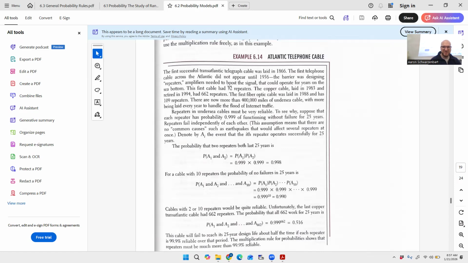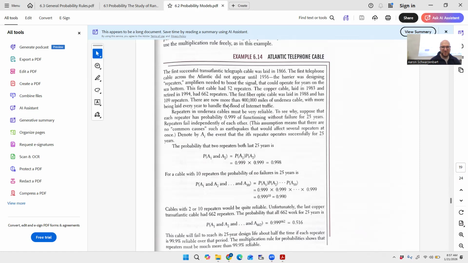Amplifiers are needed to boost the signal, could operate for years at the bottom of the sea. The first cable had 52 repeaters. The copper cable laid in 1983 and retired in 1994 had 662 repeaters. The first fiber optic cable was laid in 1988 and had 109 repeaters. Now we have tons of miles of fiber optic under the sea.